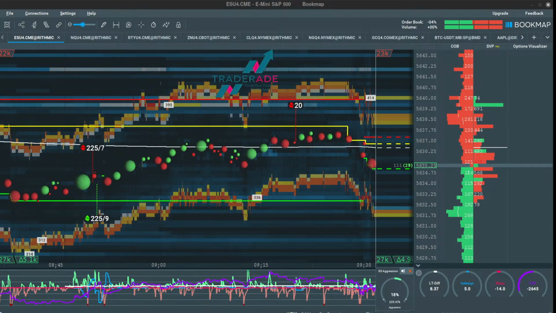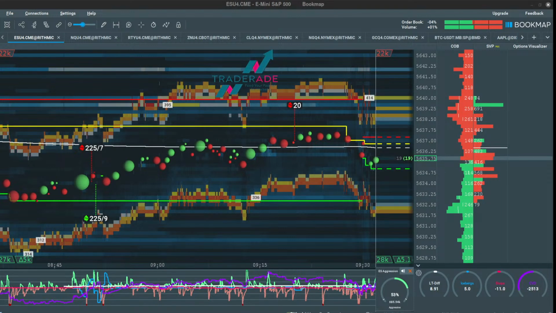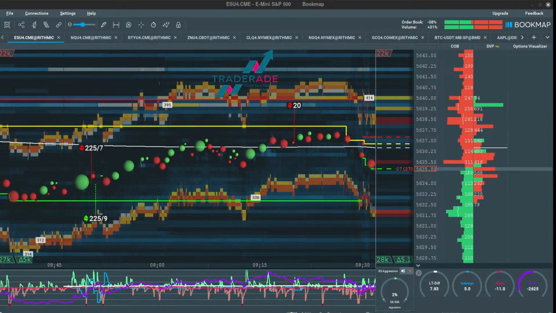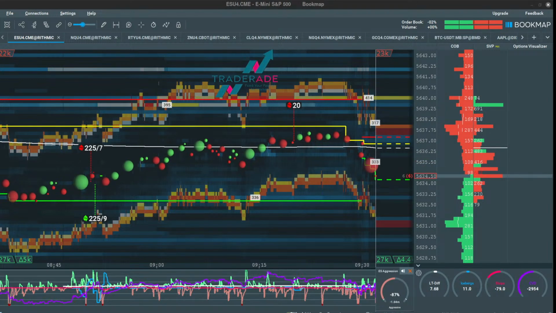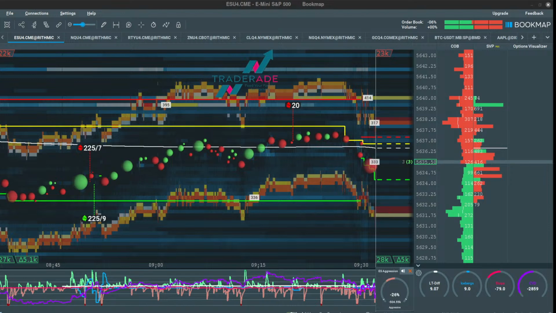I also know that Bookmap offers audio alerts. I find them helpful, but like the indicators on my chart, I only really have them for the larger or more unusual activity. So once again, if one of those types of alerts goes off, like you can hear with that, almost sounds like a dove cooing, that's the ES aggression indicator getting to -90 or more, right?